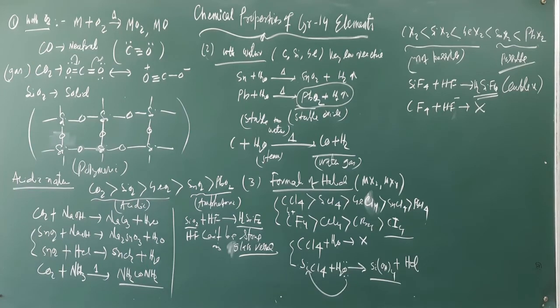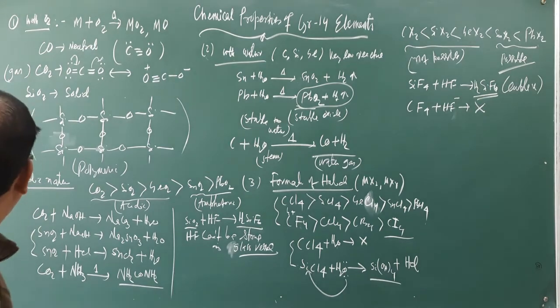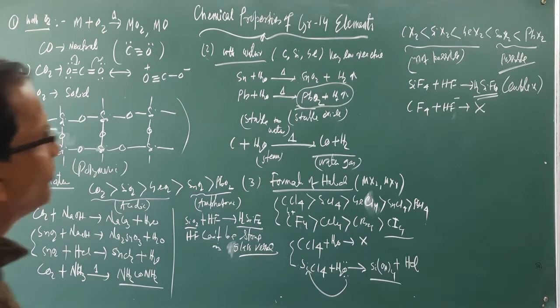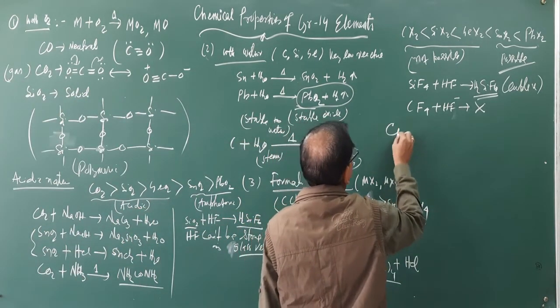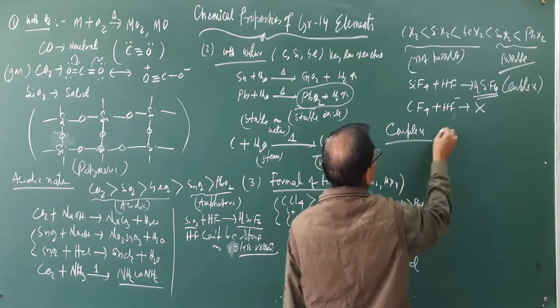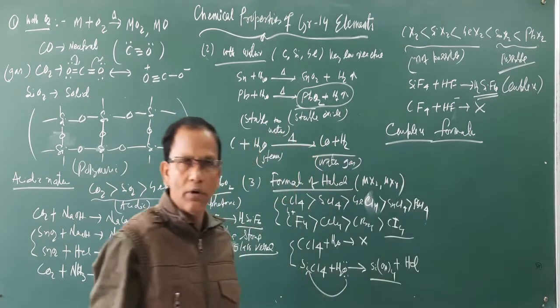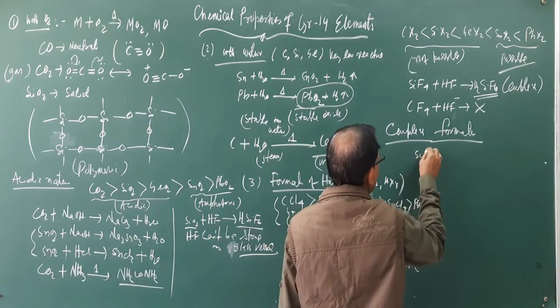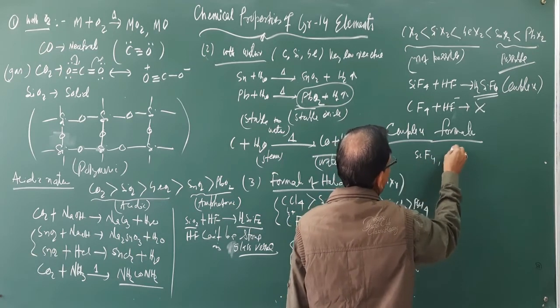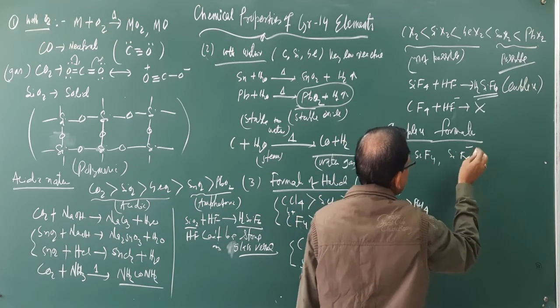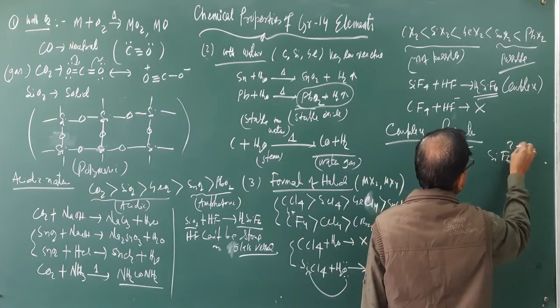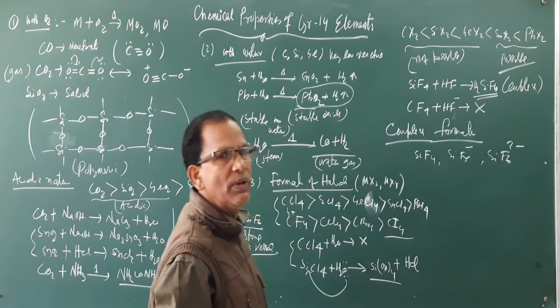This is regarding halides of these group 14 elements and their stability, and which halides are easily hydrolyzed and which cannot be hydrolyzed. And complex formation is generally observed in case of silicon. Silicon exists as SiF4, SiF5 minus, SiF6 2 minus.